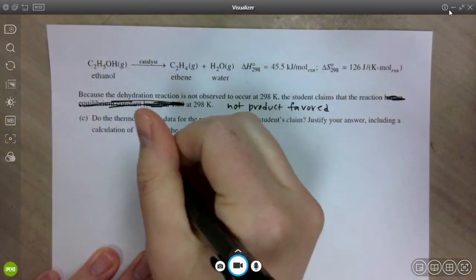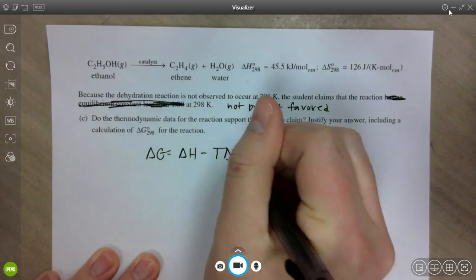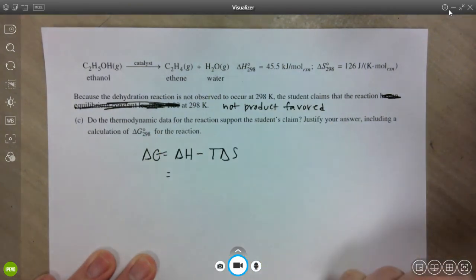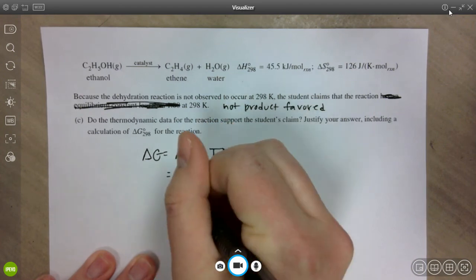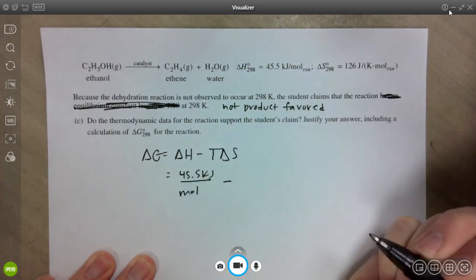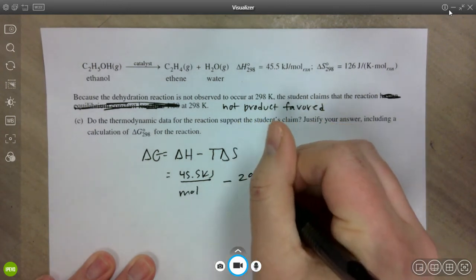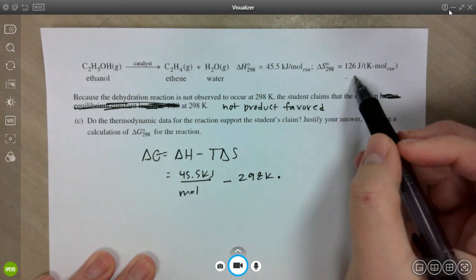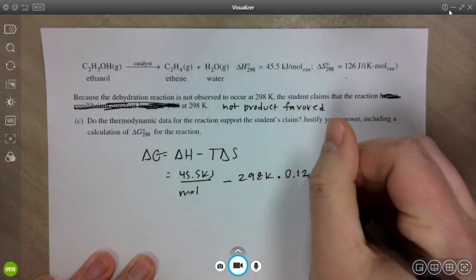So we've got delta G equals delta H minus T delta S. We're looking for Gibbs. So we have our enthalpy value of 45.5 kilojoules per mole minus our temp, which is 298 Kelvin, times our entropy. But remember, this is in different units, so I've got to convert to kilojoules by dividing by 1,000.